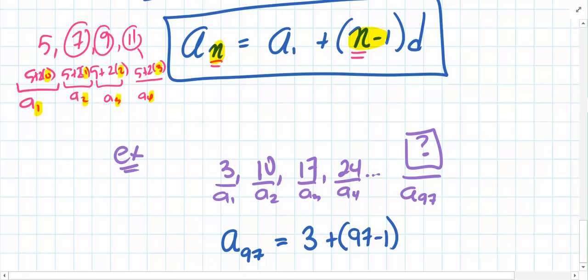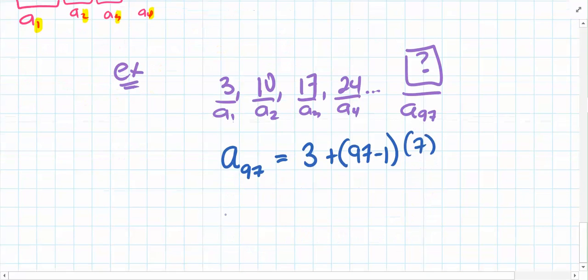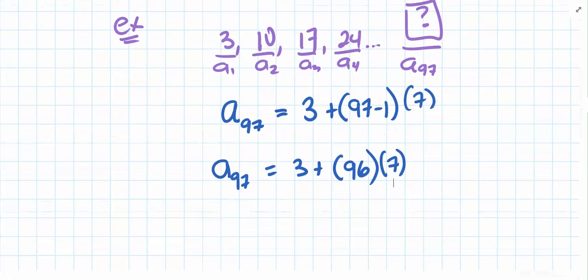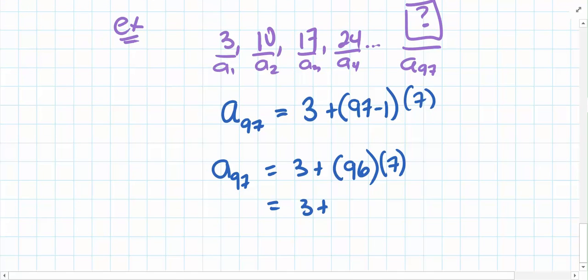So a sub 97 is equal to 3 plus the quantity of 96 times 7. Who's got 96 times 7 for me? 672. So the grand total that I'm looking for is 675. The 97th term of the sequence is 675.